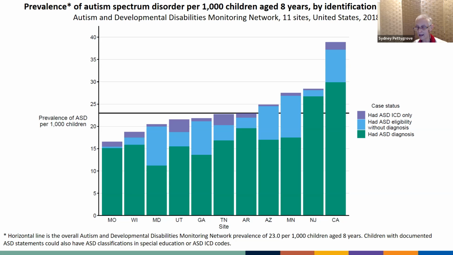And it happens to be that the only naval base with really good, strong services for children with autism is San Diego.